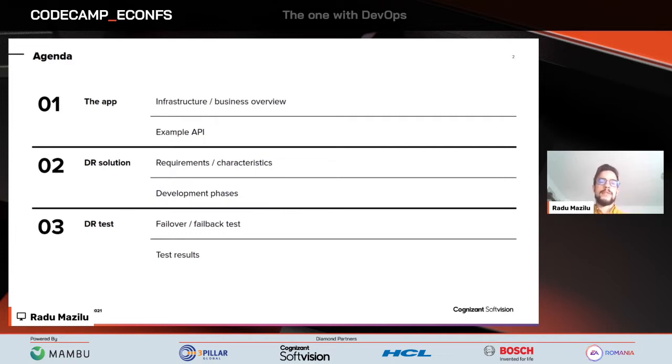So it's not an easy to build and maintain solution, and it's not cheap as well, depending on how much downtime you can take before having a business issue. All right, so this is the picture of the traditional disaster recovery solutions.